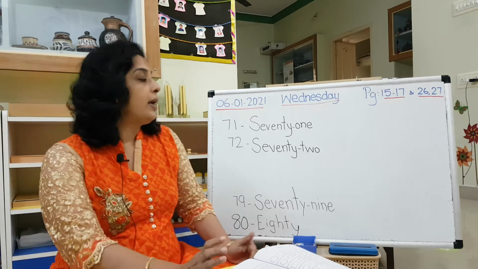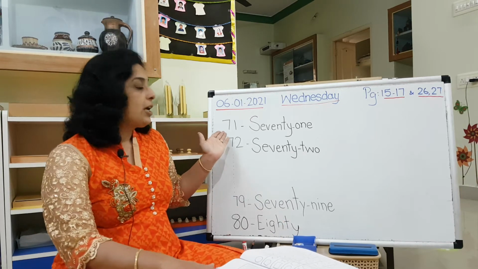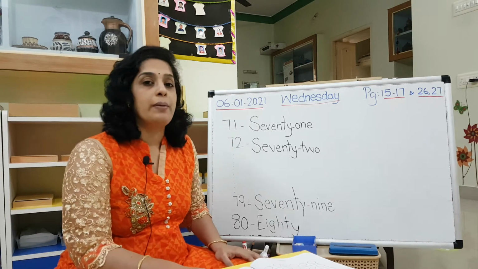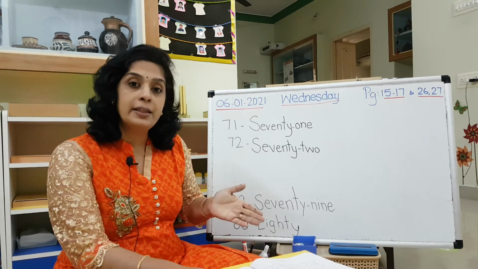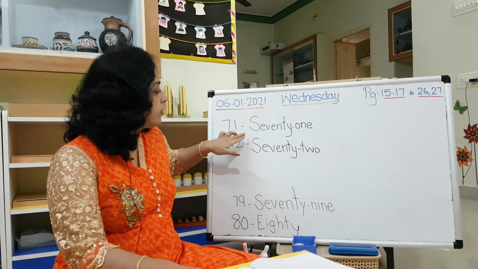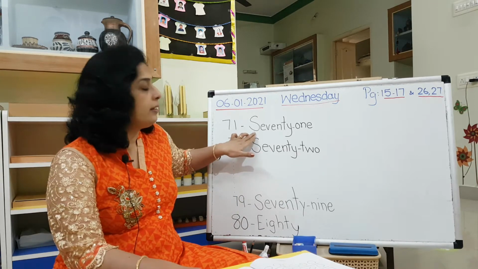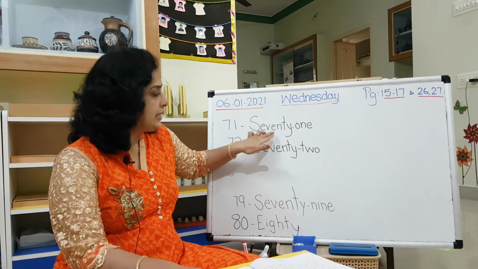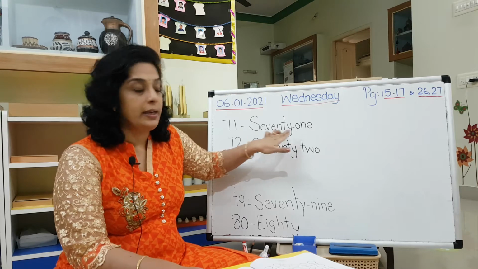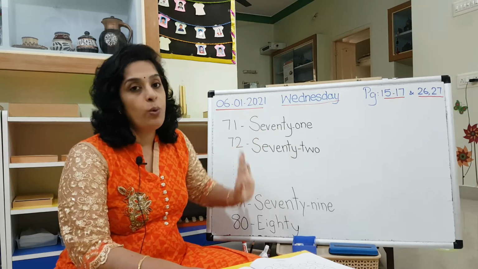Okay? Now, let's take a look at this. What is this? 71. Last time you had written the number name 70. You finished with writing 70, is it not? So here I have the number name 70. Very easy. I just write 7 and ty. 70-1.